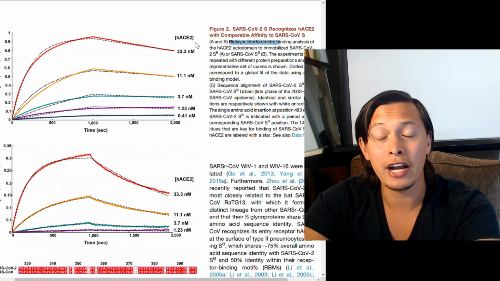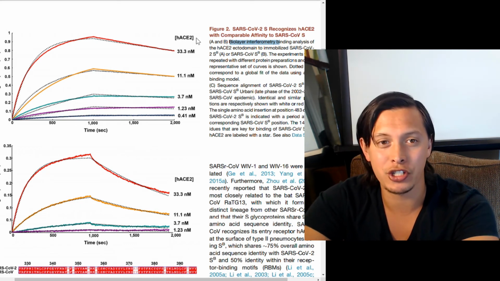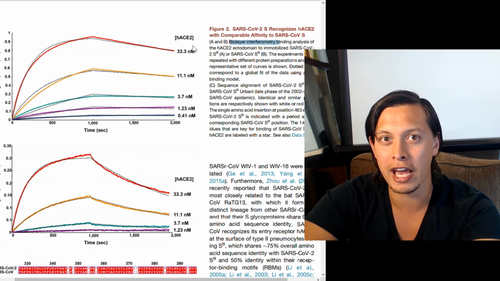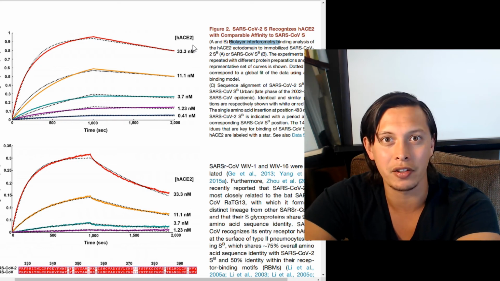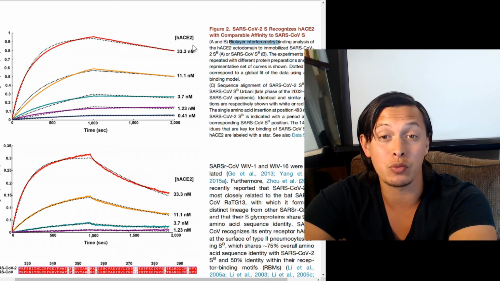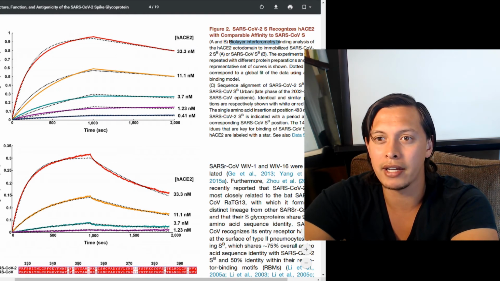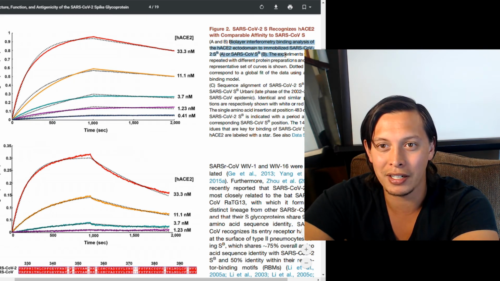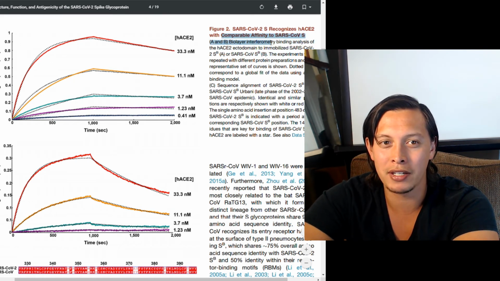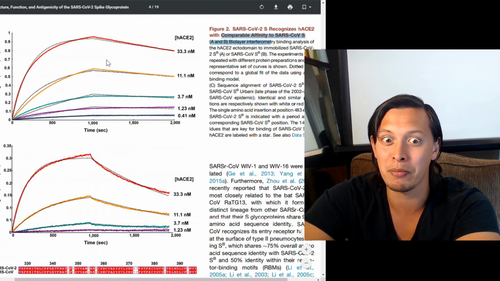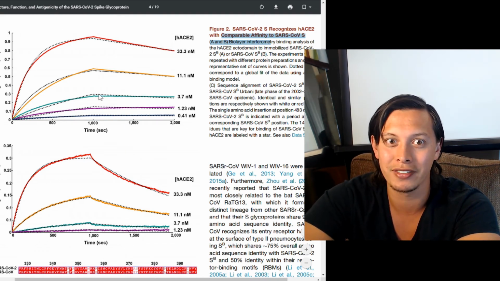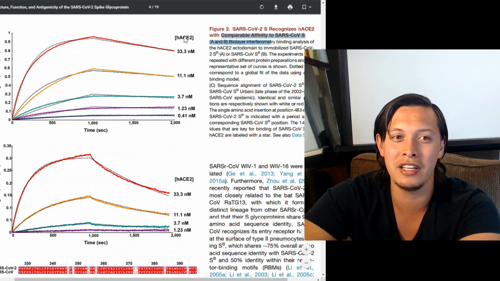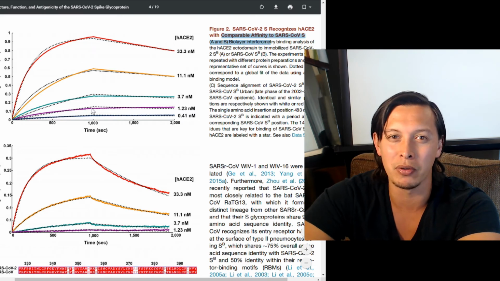And that could have implications not just with entry into the cell. That could also affect cellular signaling in some way, shape, or form as well. So just keep that in mind, that they say that they have comparable affinities to each other, but these graphs don't tell me that they're comparable. They're comparable in that you can compare them to each other, and they fit on the same graph, but this does not speak comparable to me, at least.